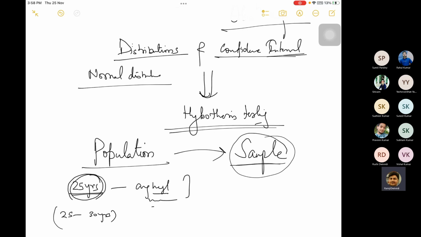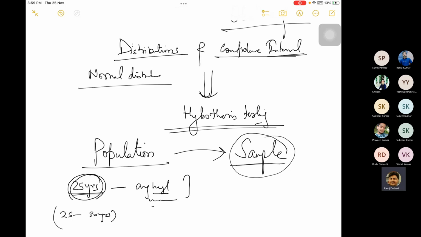I hope you are getting it. If you have any confusion, you can ask right now, because our discussion starts with only this assumption: we have cases where we do not know anything about the population. Okay?